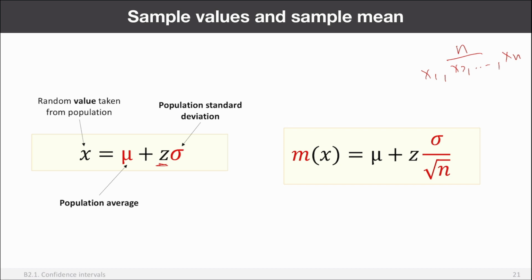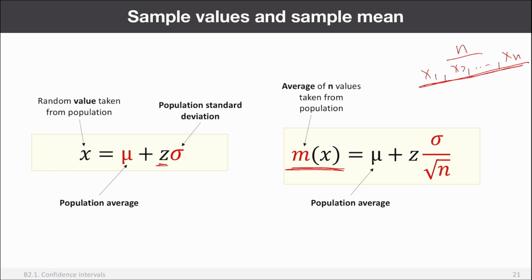And then if we compute average of these n values, then this average of these n values, average of your sample, will also follow normal distribution. And it will also be random number. It will vary around population average. And this is the measure of this variation. So the analog of standard deviation here, for one single value, we have here a standard error, right, for average of n single values.